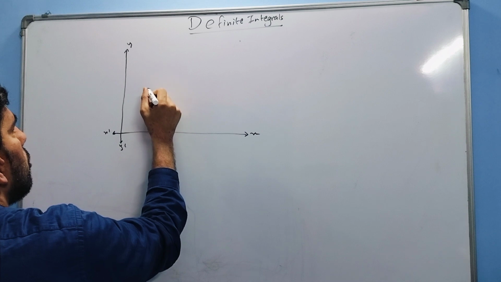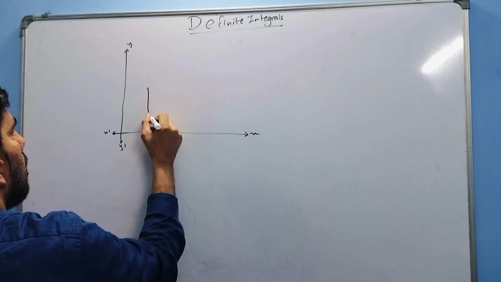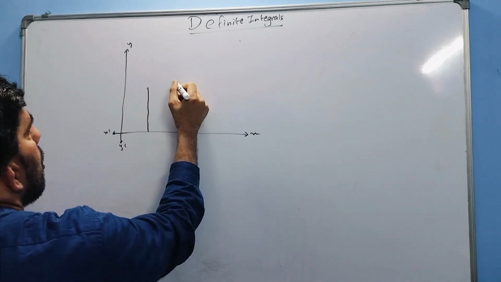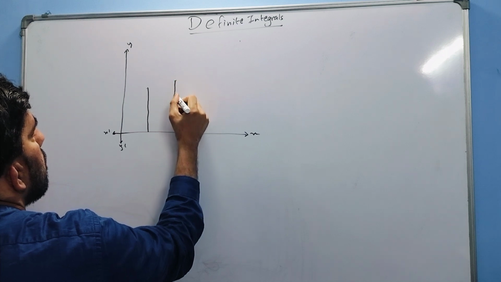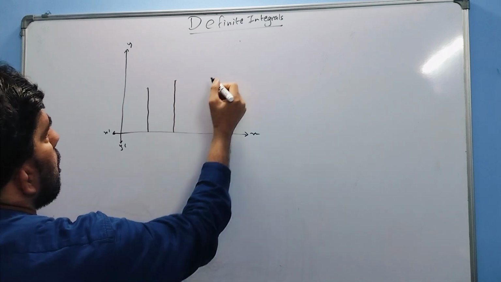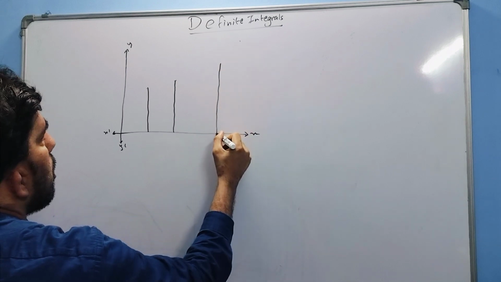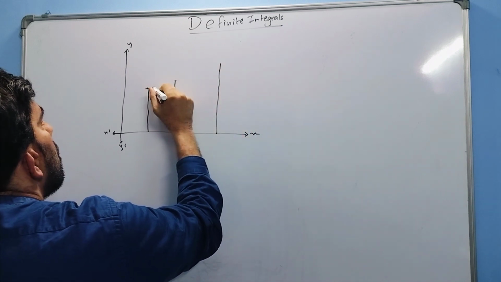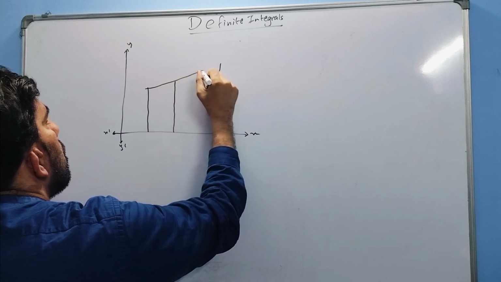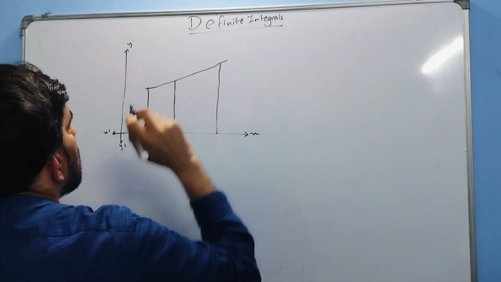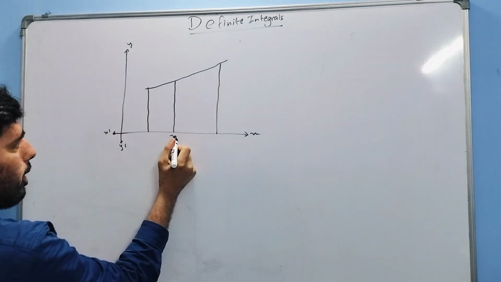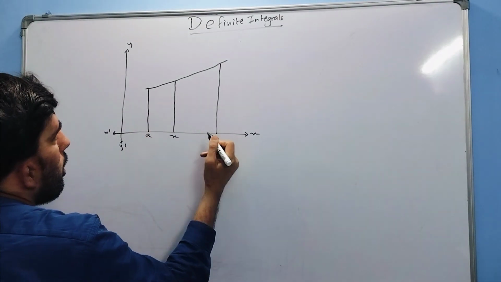Now let us try to find the value. Let's try to solve this. Okay, so this curve looks like this.